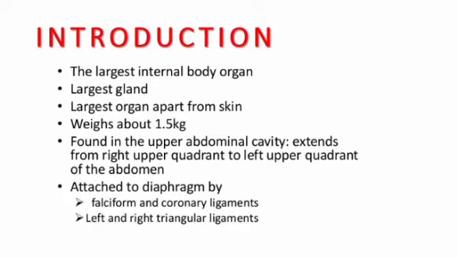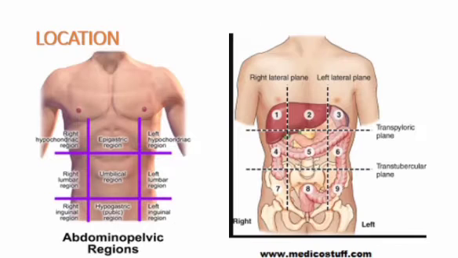It weighs approximately 1.5 kgs, and it is found in the upper abdominal cavity, extending from the right upper quadrant to the left upper quadrant of the abdomen. It is also supported by some ligaments, which keep the liver in position. It is attached to the diaphragm by the falciform, coronary, left and right triangular ligaments.